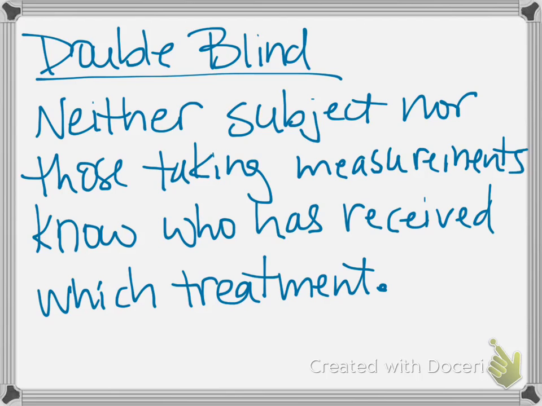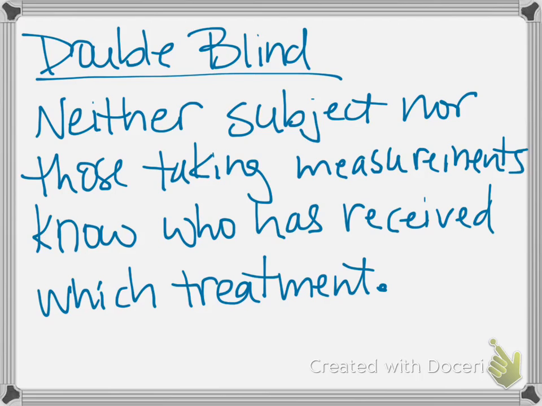Now that doesn't mean that no one knows, because obviously if no one knew which treatment everyone got, then how could you possibly make any sort of conclusion from your data? This just means that there's some other researcher who is keeping track of who has received which treatment. Just that whoever is recording the results, that individual doesn't know which subject got what.